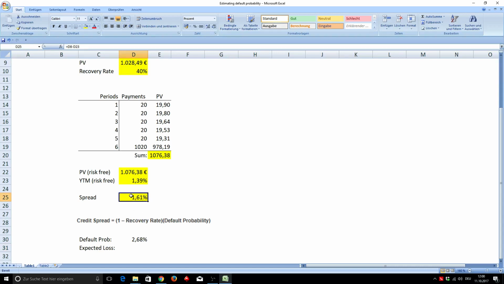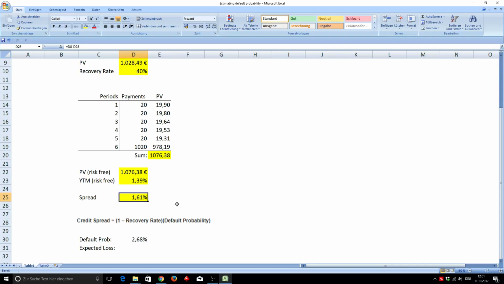So the spread can never exceed the default probability. However, this paper has shown that in 2014, 98% of the corporate bonds he investigated showed higher credit spreads than default probabilities. So this formula here is really questionable.